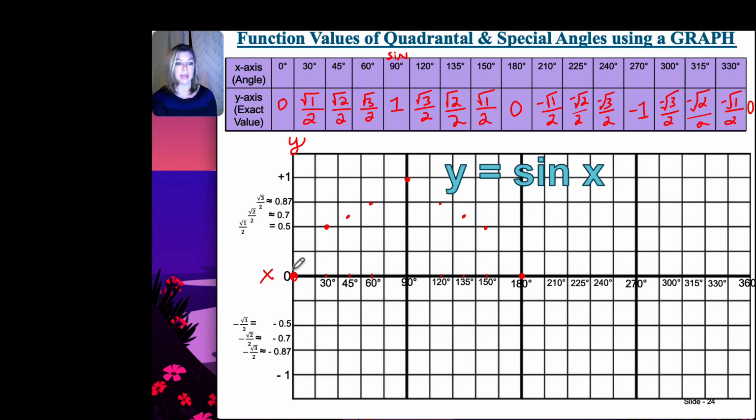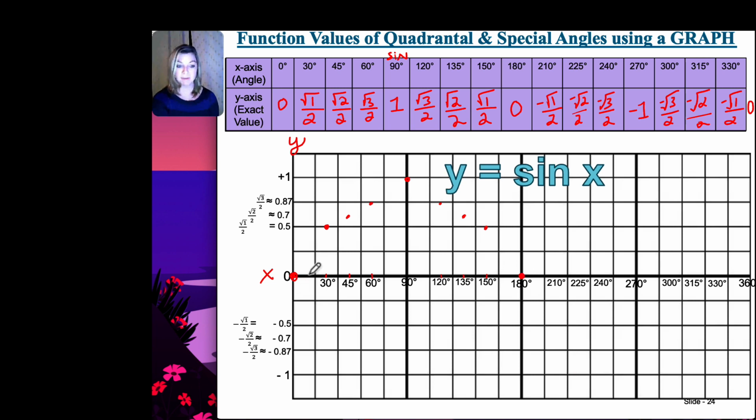Okay? Now, we have plotted points for the special angles and the quadrantal angles, but there are infinitely many points between these that would create the sine function. And maybe you could use a calculator if you want to put more points before you do the connecting the dots.